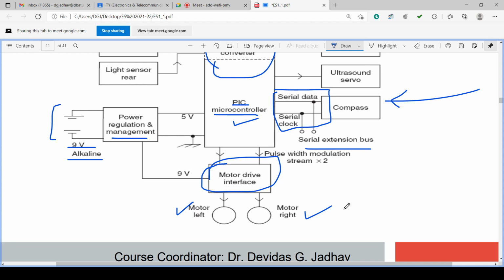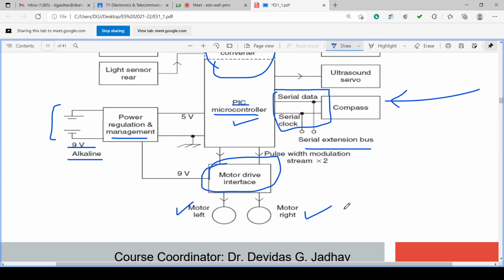It will ask the motor to run, but the microcontroller cannot run the motor. To run the motor, a driver is required. Because the driver has that much electric power that it can run the motor, and the microcontroller does not have that power to run the motor.